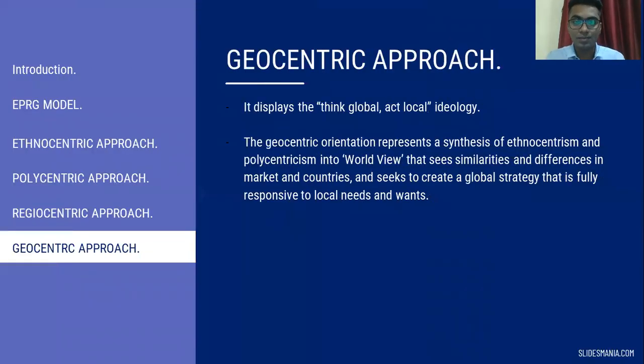Then the geocentric approach always displays the think global, act local ideology. You have not to think about the region or only one country or two countries. We have to think globally and act locally, which means you have to give importance to and take consideration of the local customers or local techniques.